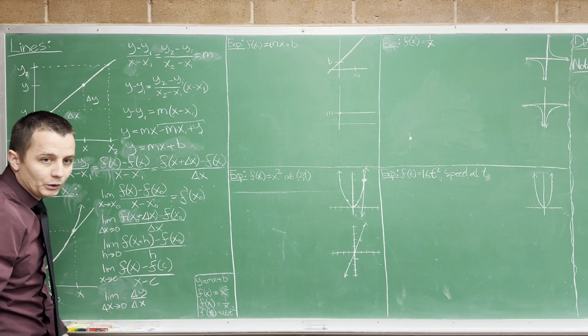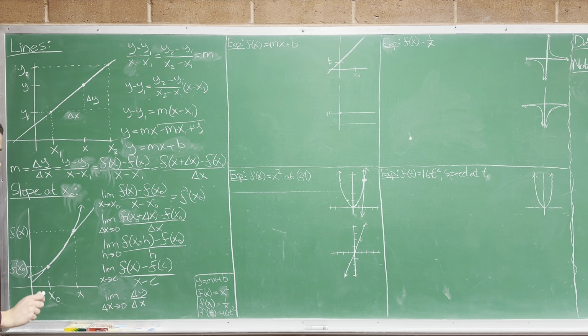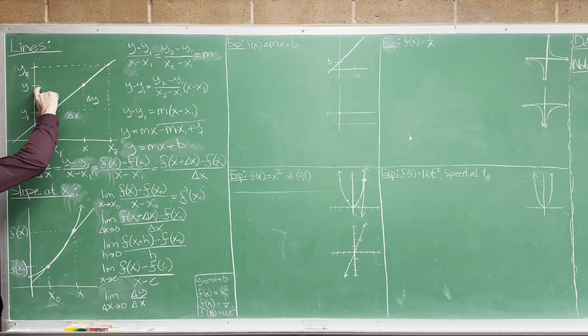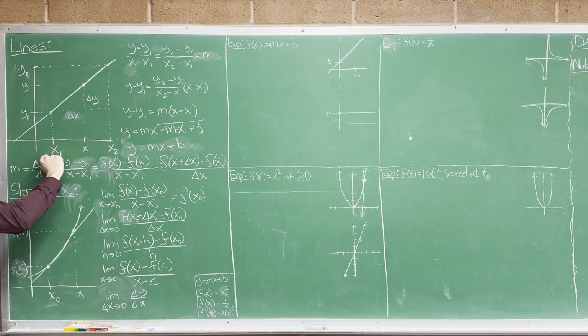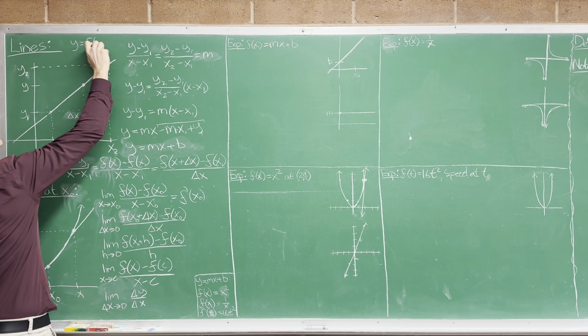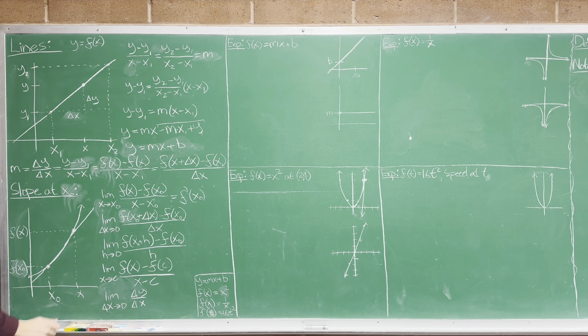Now, a couple different ways that we could talk about the slope of some line. If we let delta y be our rise and delta x be our run, then it's just delta y over delta x. Another way we could have written that is, what is delta y? It's y minus y1 over x minus x1. No difference. Sometimes we say if y is equal to f of x, some function in terms of x, then y is just f of x.